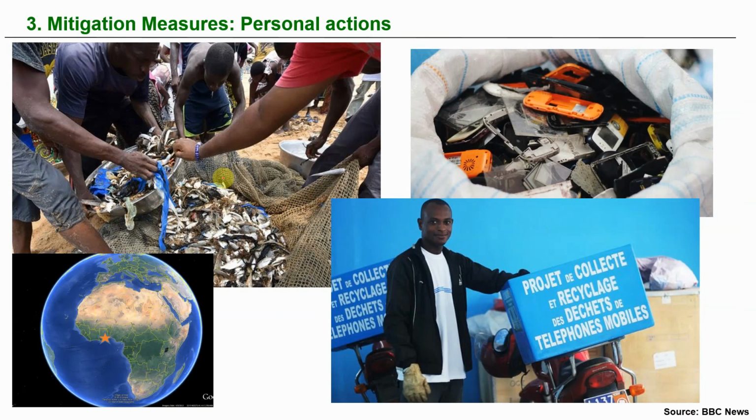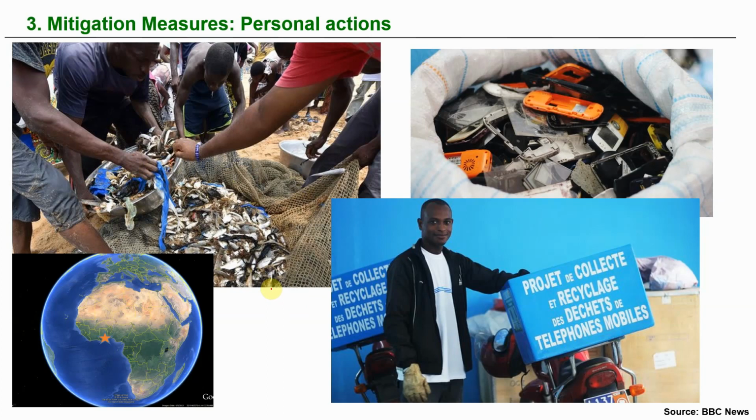In addition, we also have lots of personal actions. What we do in our day-to-day life also massively impacts what happens around the world. For example, reducing plastic in our day-to-day life means that less plastic ends up entering the oceans. Also ensuring we recycle things and don't throw things away. One of the really nasty bits of pollution that we might not even think about is our cell phones.